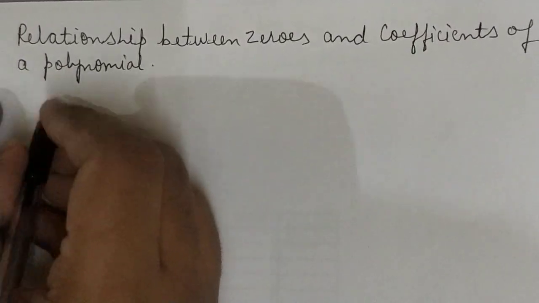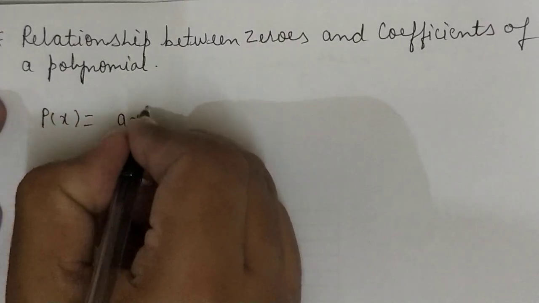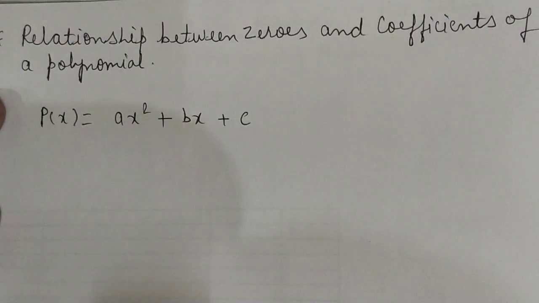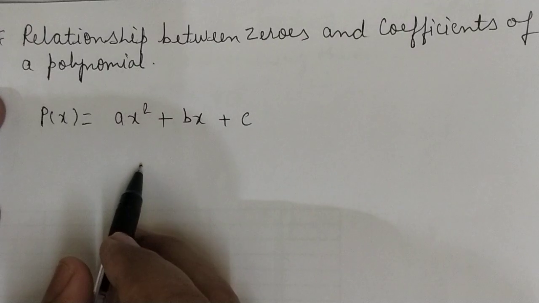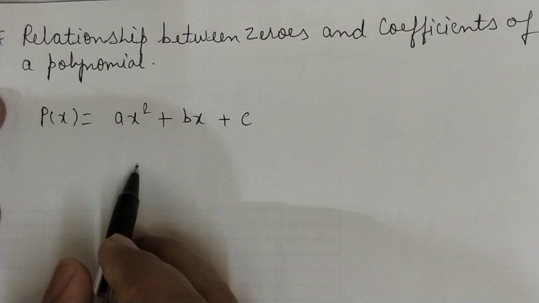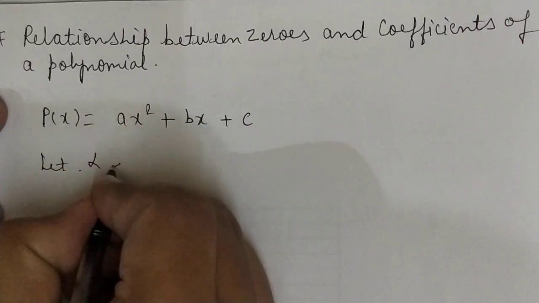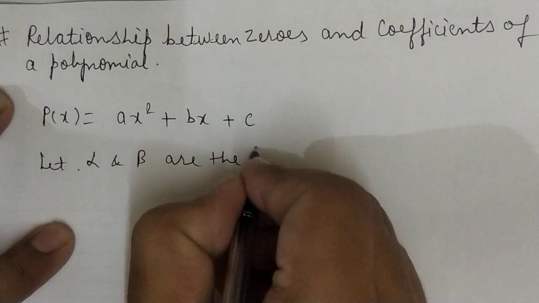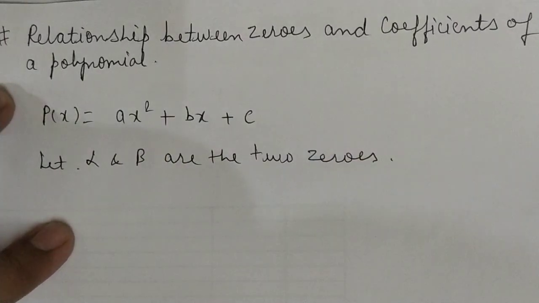Clear? Now if I am writing a quadratic polynomial ax square plus bx plus c, when you solve any quadratic polynomial, you will have two zeros. So I am assuming that alpha and beta are the two zeros.